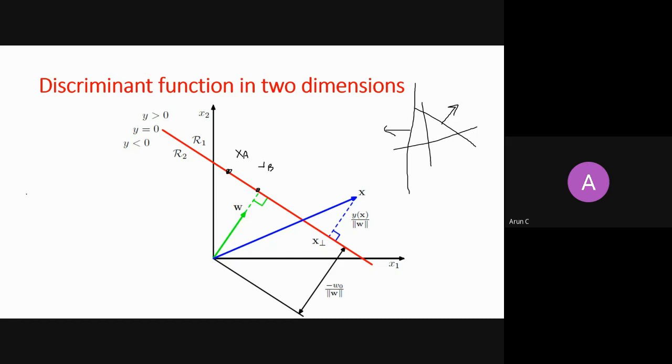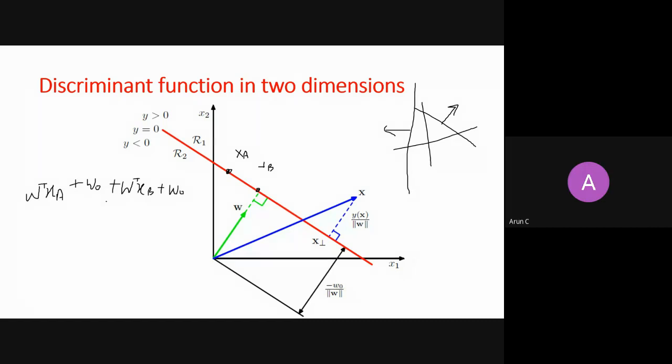It means W transpose XA plus W naught, and W transpose XB plus W naught. What should they sum up to? 0, right?